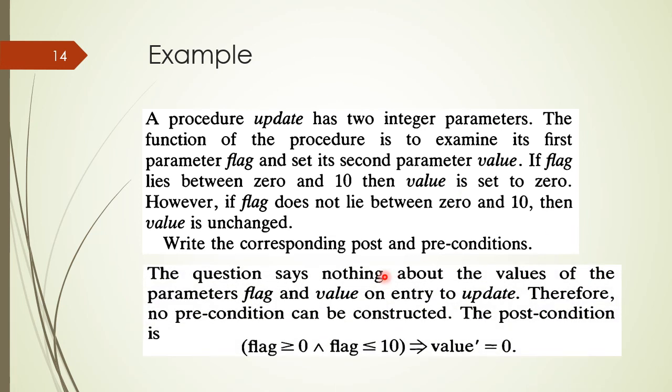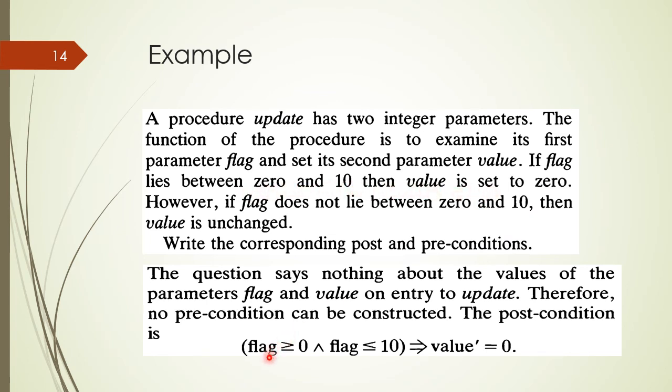Its answer is given here. The question says nothing about the values of the parameters flag and value on entry to procedure update. Therefore, no precondition can be constructed, and we can formally specify the post condition of the procedure, which describes that if flag lies between 0 and 10, then the value is set to 0.